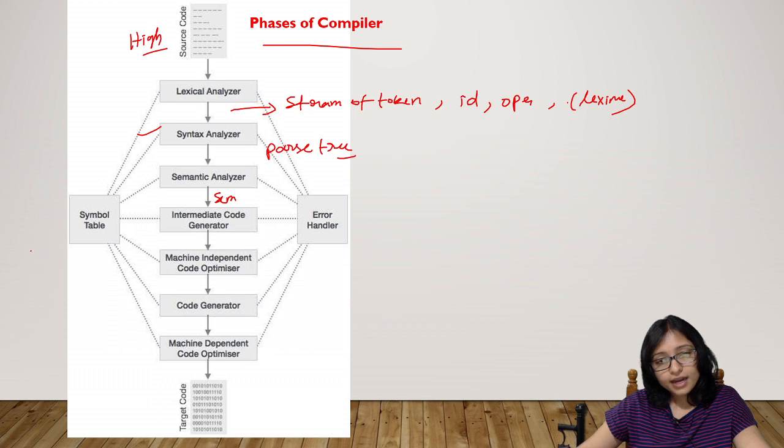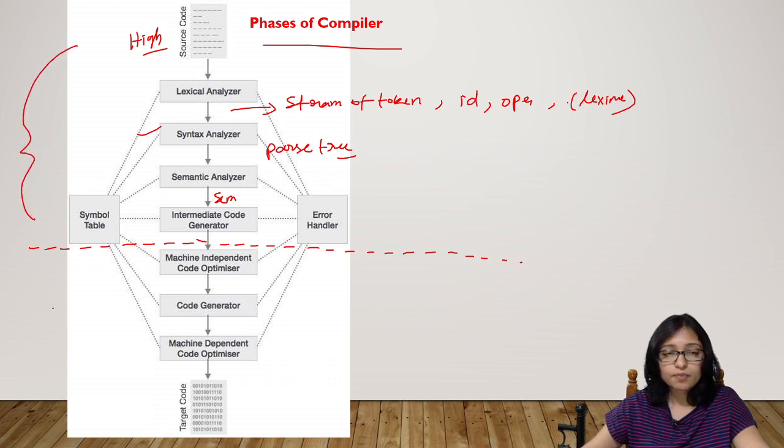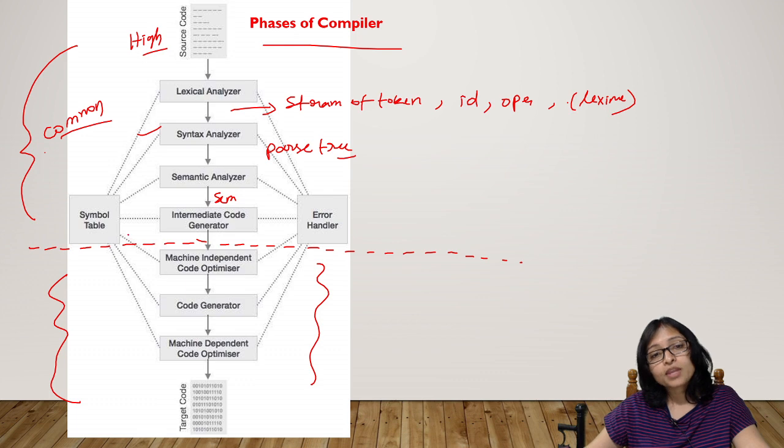You can divide this into two parts, two different phases. This is our first part and this is our second part. This part is common for all and is machine independent, up to the machine independent code.